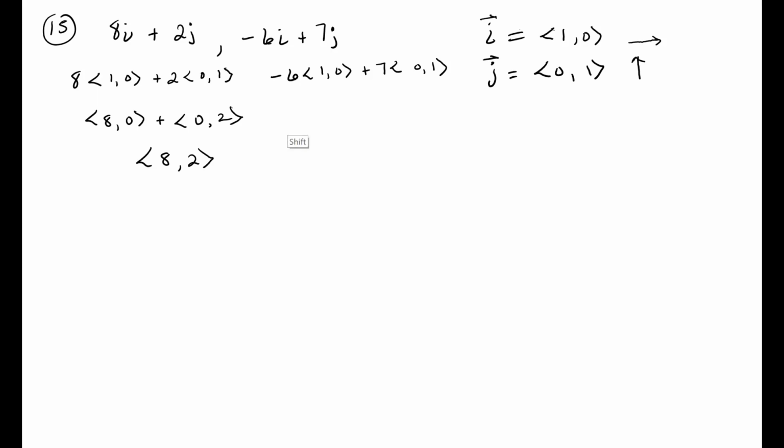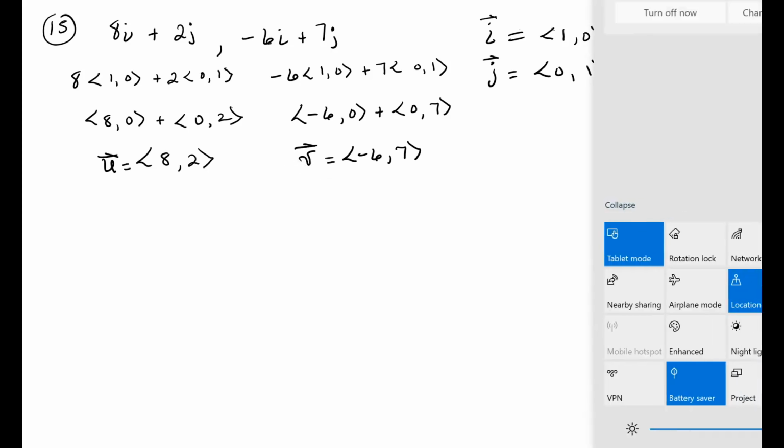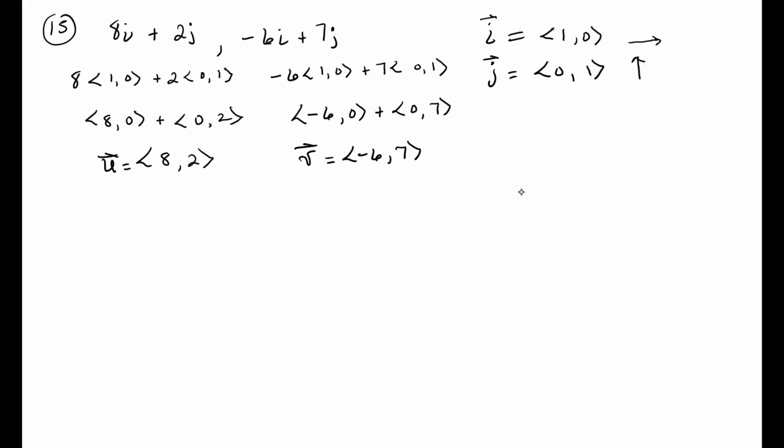And then over here, we're going to get (negative 6, 0) and (0, 7), and when we bring that together, we get (negative 6, 7). Looks something like that right there. So this is the vector u, and this is the vector v. Not much to it there.